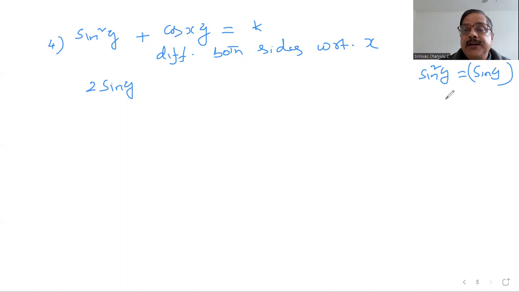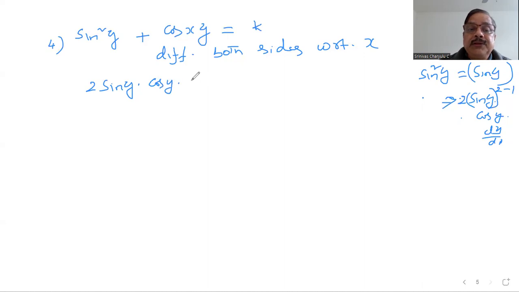So when you are differentiating, what will happen here? 2 sin y we should write, first for the power, then 2 sin y whole to the power of 2 minus 1. Then for sin y, we should write cos y. Then for y, we should write dy by dx. Function of functions. So 2 sin y into cos y into y differentiation dy by dx.